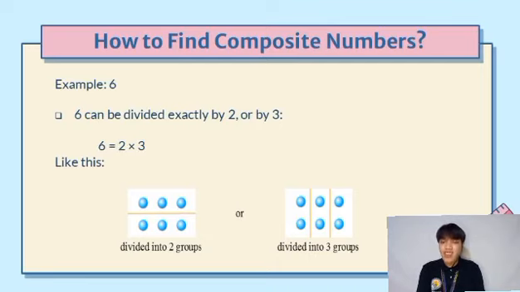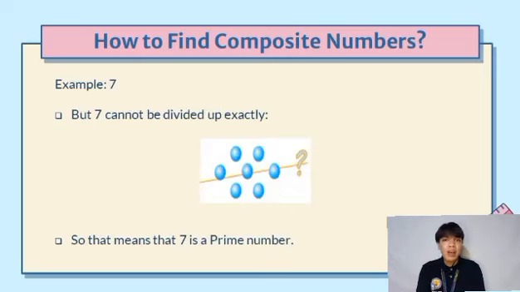And another example is the number 7. But come to think of it, number 7 cannot be divided up exactly. So that means the number 7 is a prime number. To review, when a number can be divided up exactly, it is a composite number.